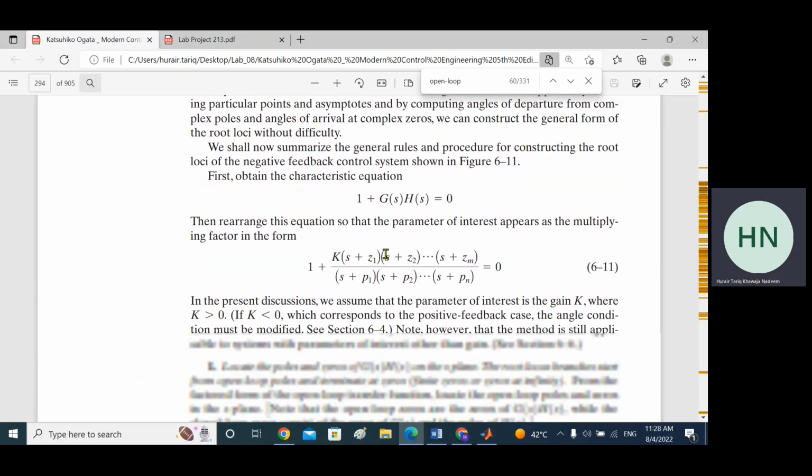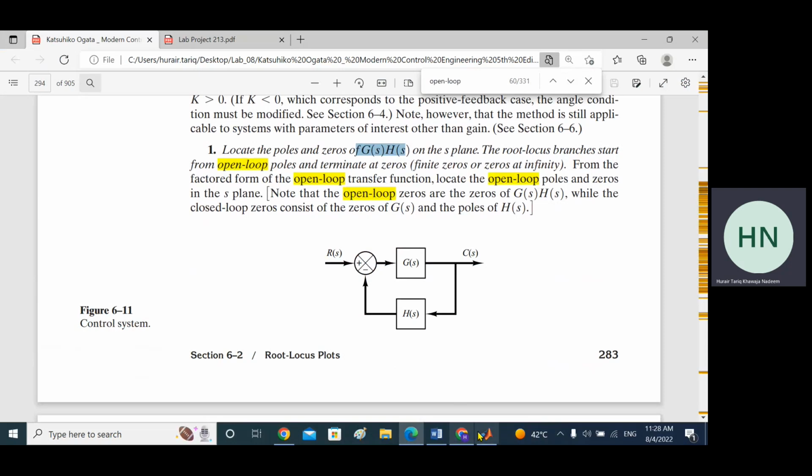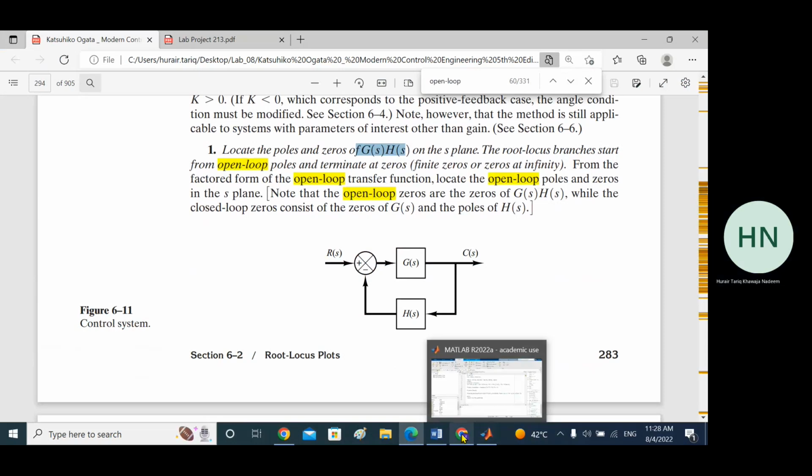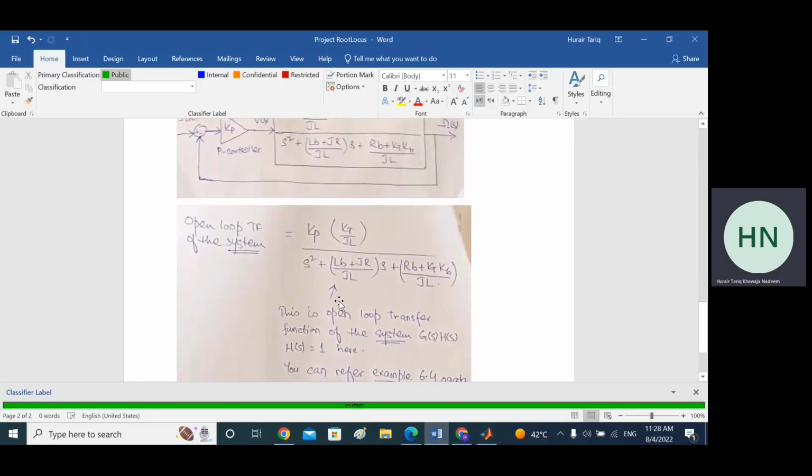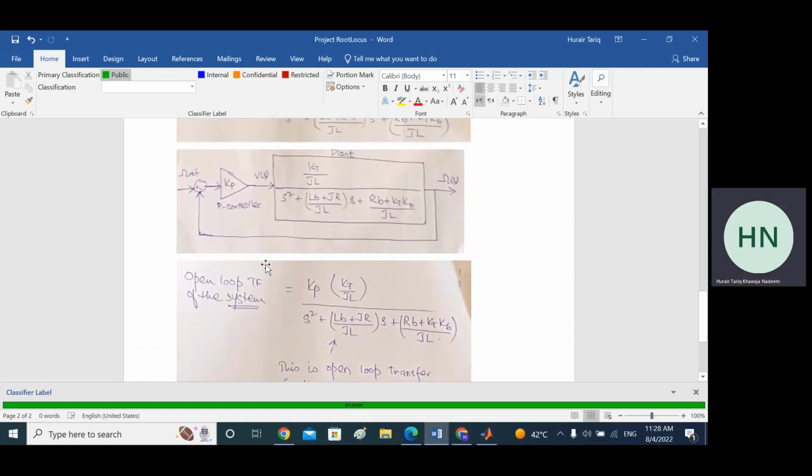So now we have to find the open loop of the system. Remember that the closed loop of the plant is a different thing and the closed loop of the system is a different thing. The closed loop of the system is going to be a single block for this whole thing, and the open loop of the system is this one multiplied by this one.